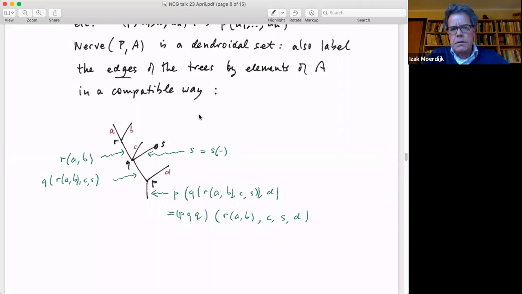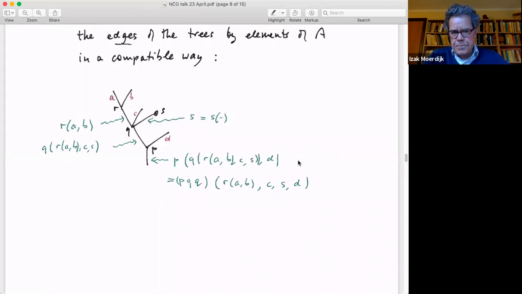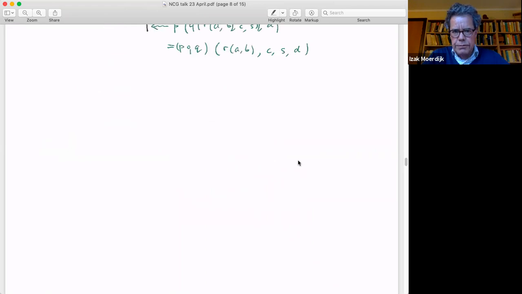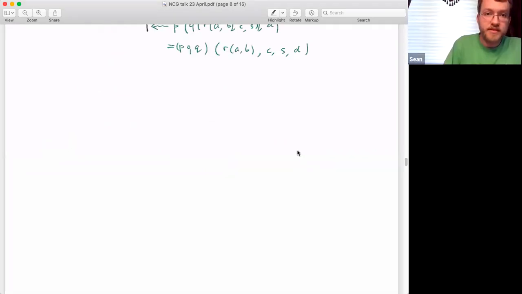You should really think of these as inputs of some operation, and these as constants of some operation, some structure. So it's trees with half edges. That makes sense. Thank you.